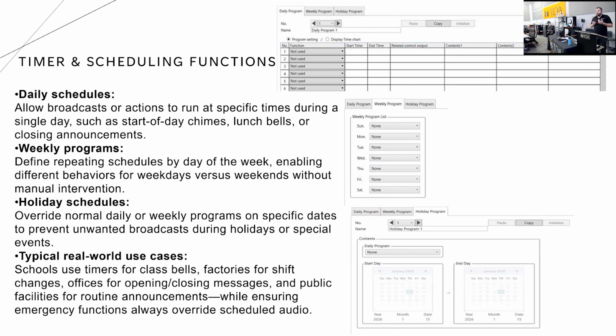If it's a holiday, Christmas, or government holiday that needs to run some specific messages or broadcasts, you can do this as well. Typical real-world use cases are schools for class changes, factories for shift changes, offices for opening and closing, so you can automate these announcements with no need for an operator to do this manually.